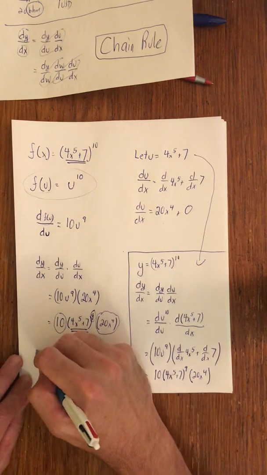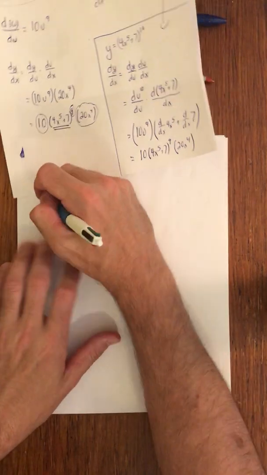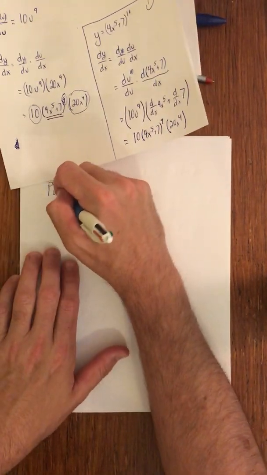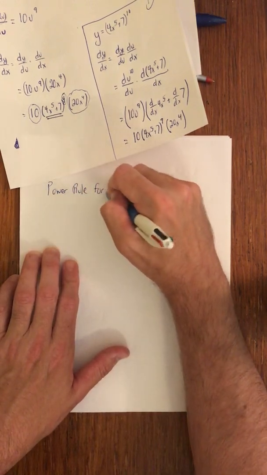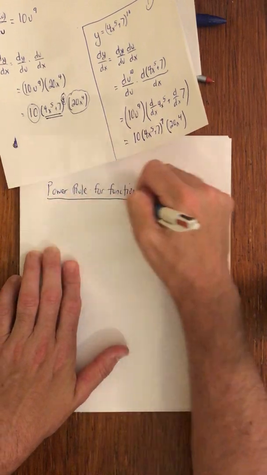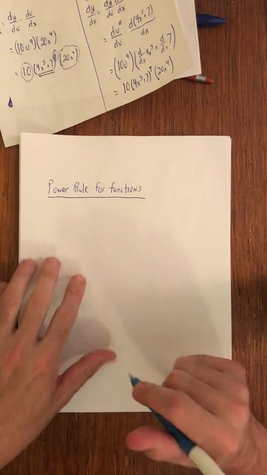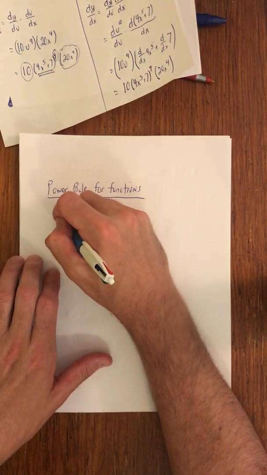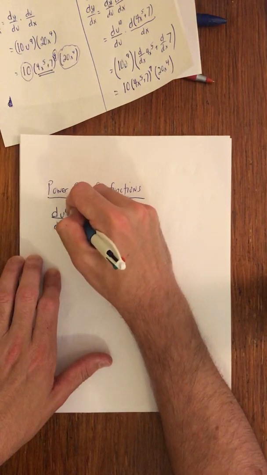So as a new rule, what we can do, and actually let me just do it on a clean sheet of paper here, is we're going to write something called the power rule for functions. And it's going to internally combine the chain rule with the power rule. So what does that look like? If I've got something that has the general structure of u to the n, right?